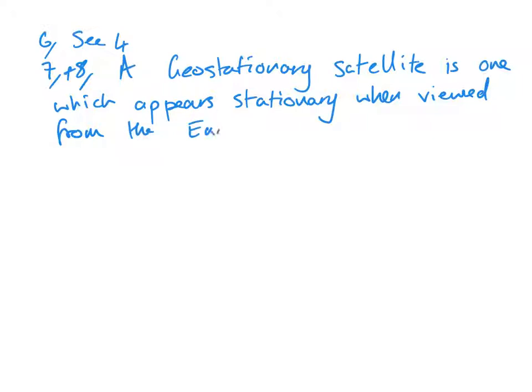So a geostationary satellite is one which appears stationary when viewed from the Earth. So if you think about your dish for satellite TV, it doesn't have to move because the satellite, right, appears stationary for it. And that's achieved when the satellite is orbiting at the same rate as the Earth.